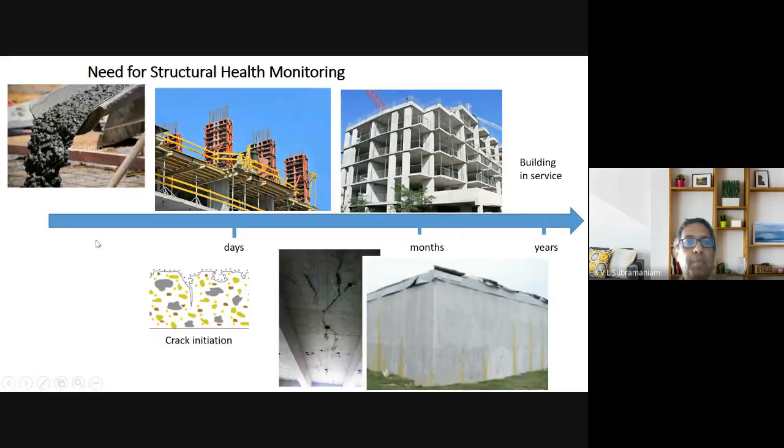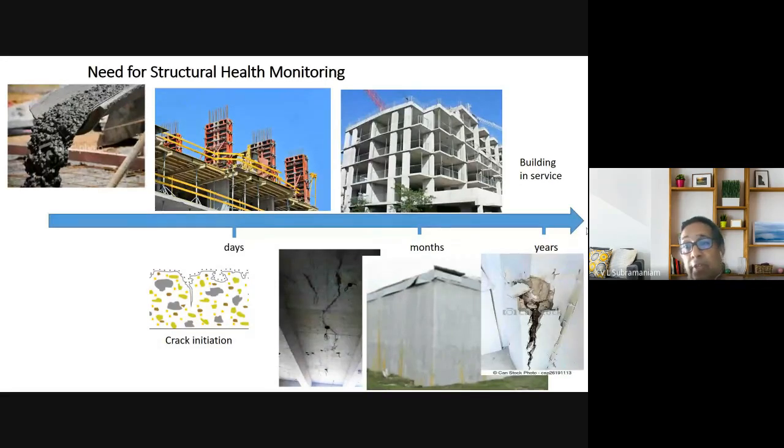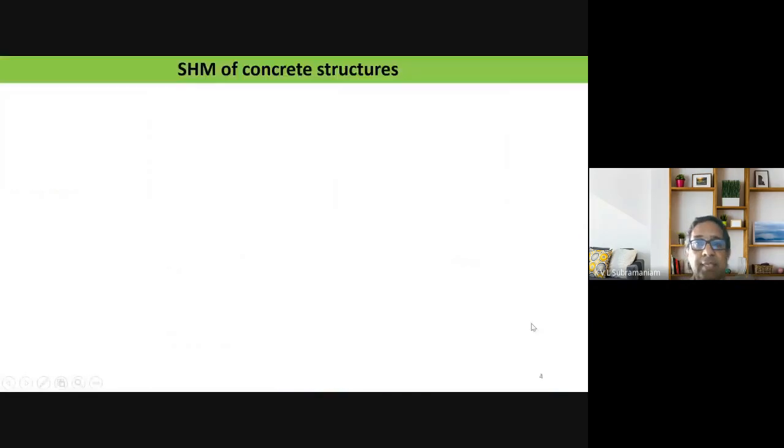When we're talking about monitoring of a concrete structure, ideally the monitoring should start somewhere here. It should start just as we are pouring concrete, and it should continue over the entire life of the structure. This is the motivation for what we are doing here at IIT Hyderabad, trying to develop these embedded sensors for concrete structures. And of course, if we wait too long and the damage is very severe, we'll see pieces of concrete falling off and the capacity of the structure gets degraded.